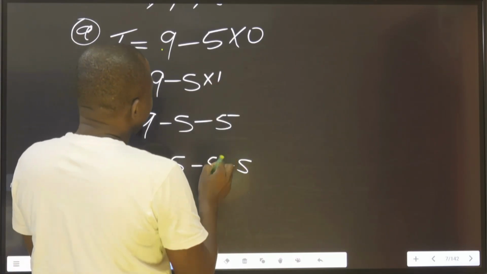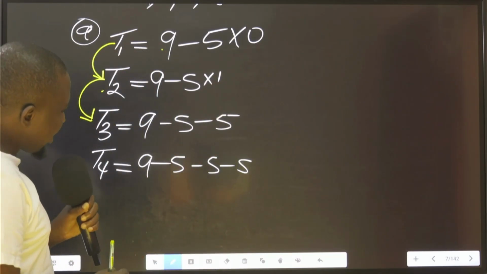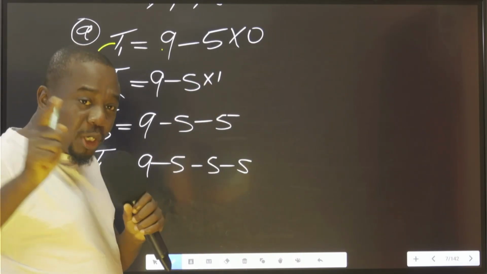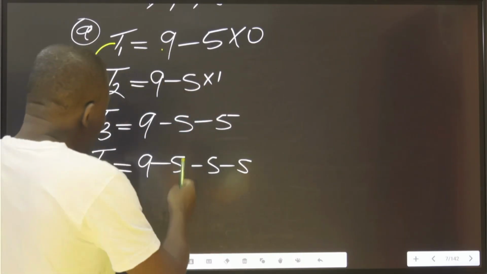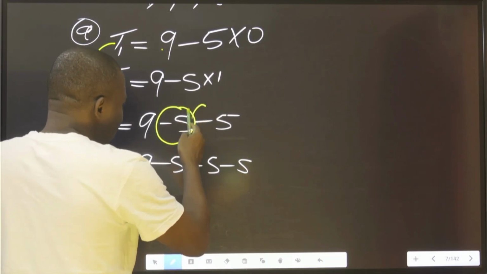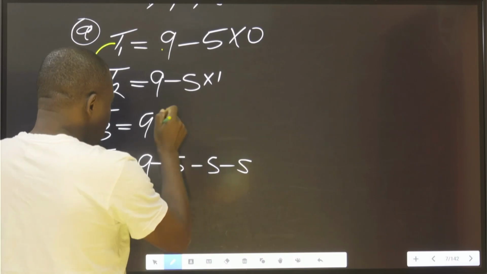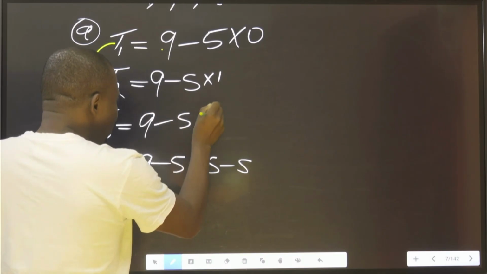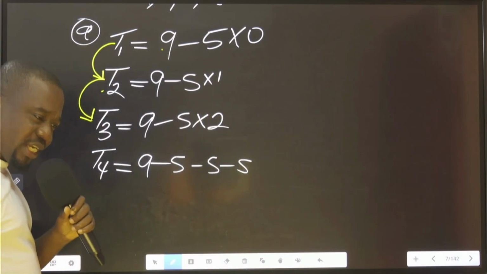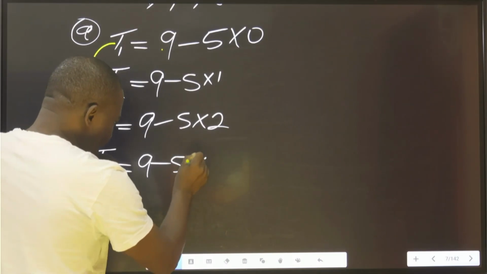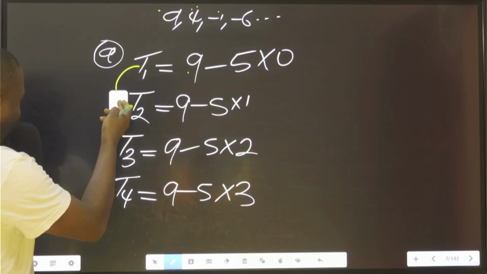It's 1. These guys too, we need to also bring in multiply by something. You agree with me that this is 1, this is 2. Therefore, if we come here now to put minus 5 multiplied by 2, we are doing the same thing. These guys too will be multiplied by 3. Let's remove this.